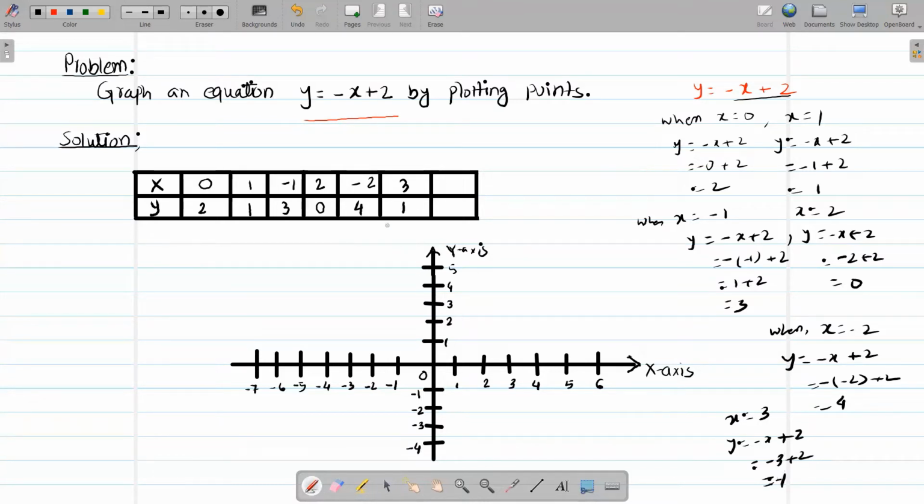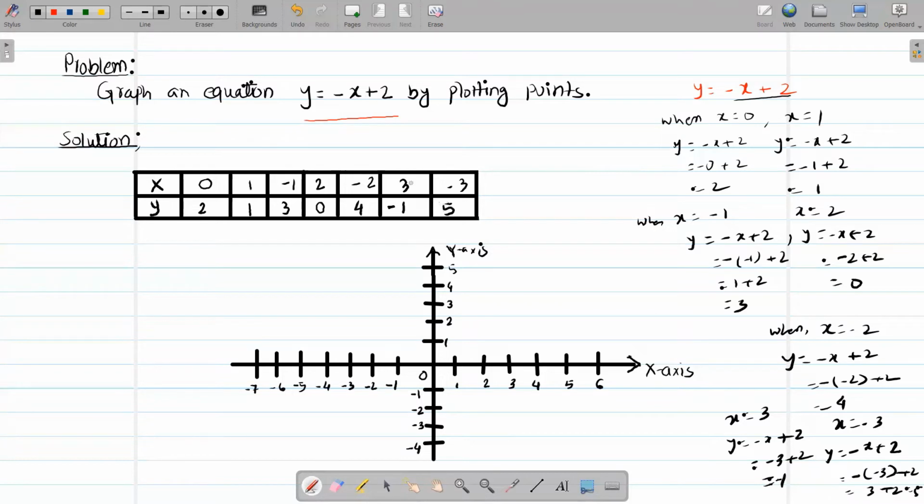So our y is negative 1. Okay, now let's take negative 3. X is equal to negative 3. So y is equal to negative x plus 2. So negative times negative 3 plus 2 is 3 plus 2, which is equal to 5. So our y is 5.